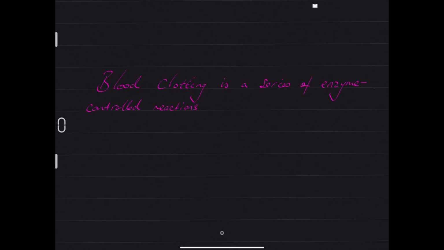Okay, that's the first point. And these reactions essentially convert, okay, let's put it as enzyme controlled reactions converting fibrinogen into fibrin.